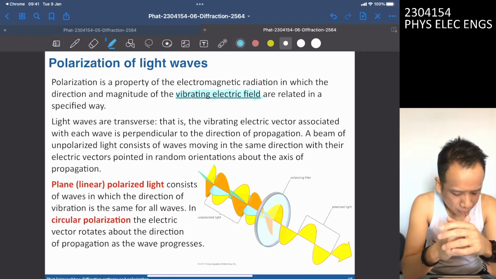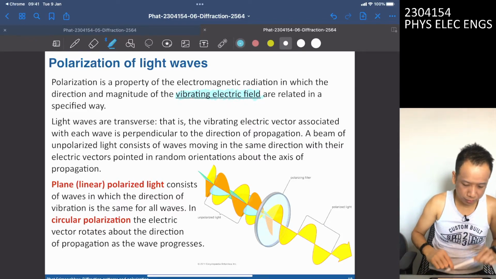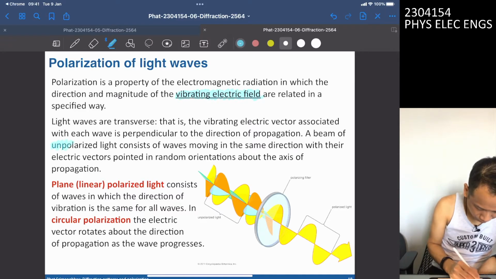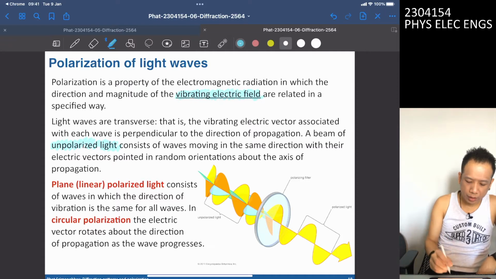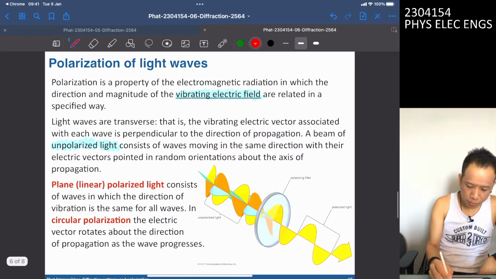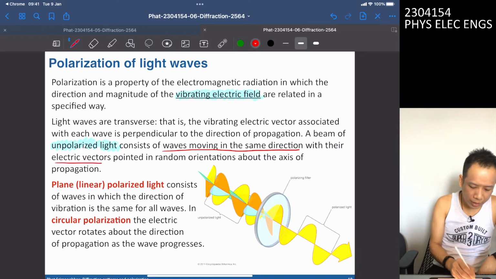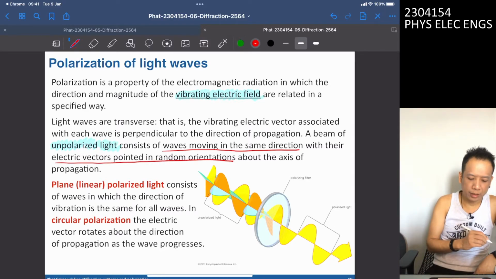That's what we call unpolarized light: waves moving in the same direction where the electric field points in random orientations.